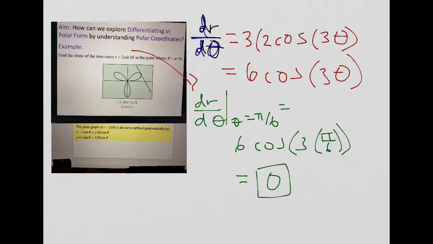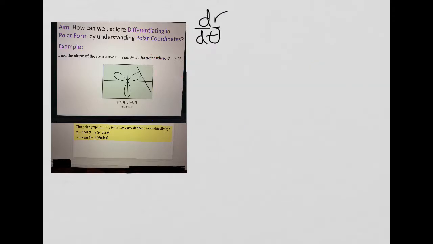Like I said, I'm going to extend upon this a little bit. We're asked to find the rate of r with respect to theta in this particular example. But what if they had asked to find the rate of change of x with respect to theta? This is where those formulas we're talking about down here come into play. x is equal to r times the cosine of theta.